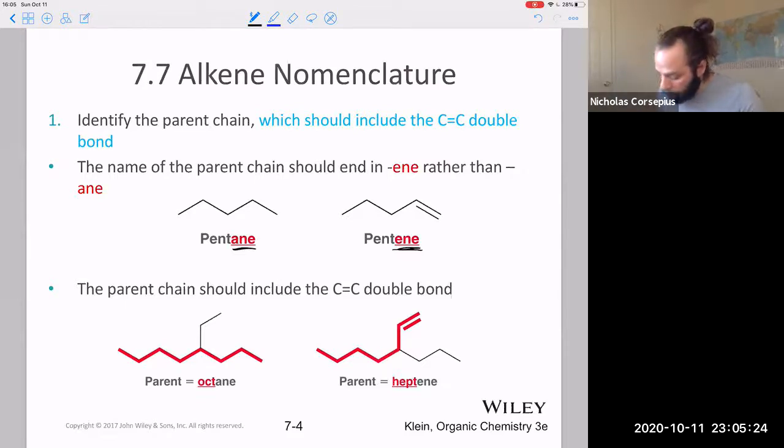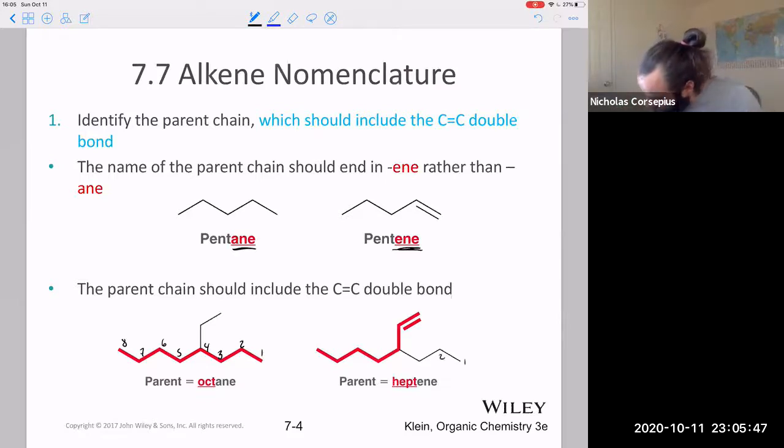So for example, when we had our alkane, 1, 2, 3, 4, 5, 6, 7, 8, and actually the numbering would be in the reverse direction because of that substituent there, 4, 5, 6, 7, 8. So this was the longest chain within this compound, which is why we said that this was the parent chain. So it was an octane.